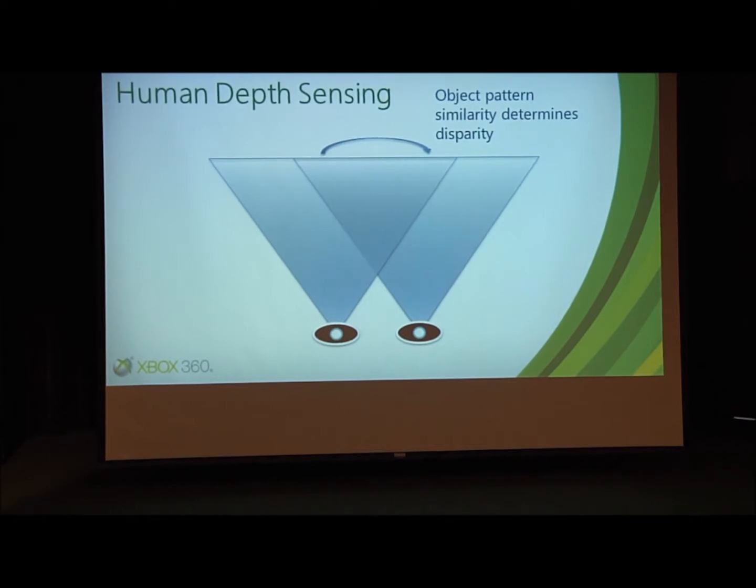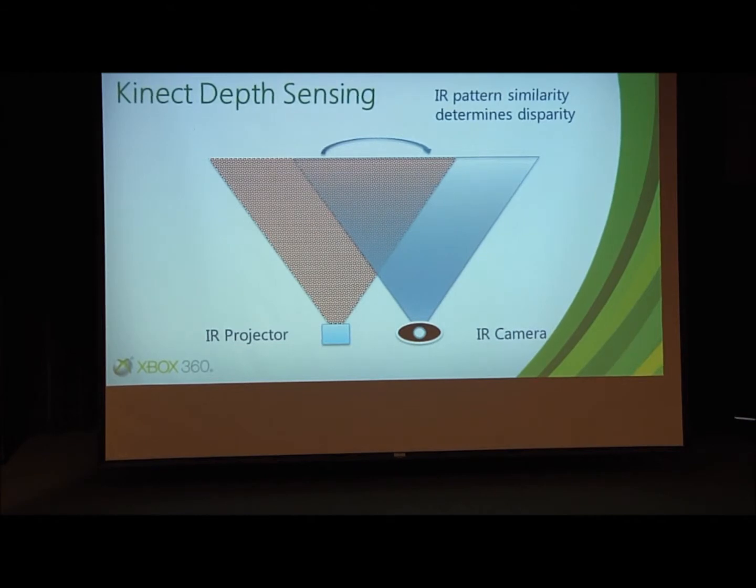The brain can see the phase shift, and from that shift make sense of the 3D space in front of the human. The exact same principle is deployed in the Kinect, right?